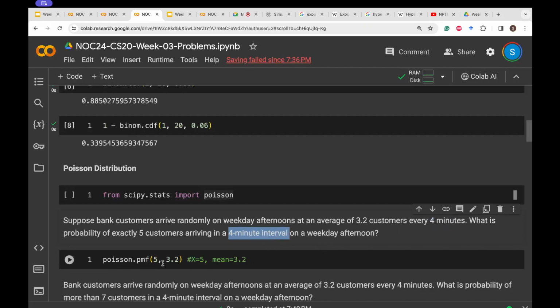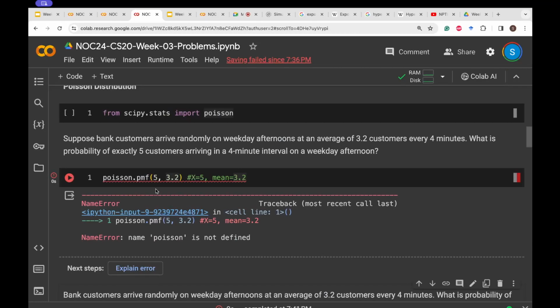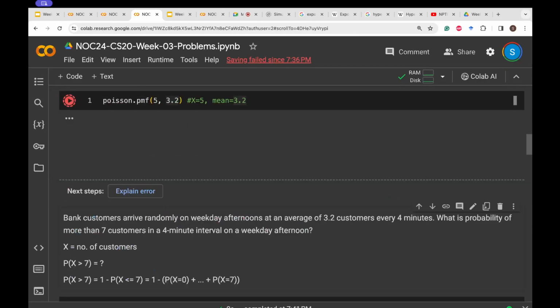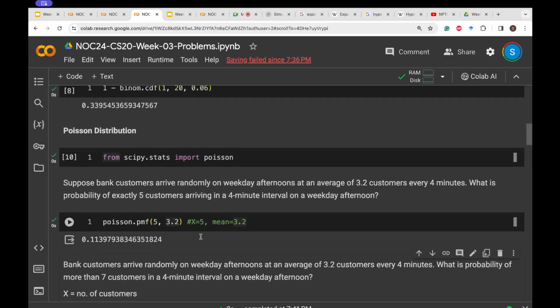It will be the probability mass function of Poisson, which is lambda to the power x upon x factorial, times e to the power minus lambda, and that's what it computes. So x is 5 here, small x, and 3.2 is the value of lambda. If you compute this, oops, sorry, I have to run this first. It will be 0.11.